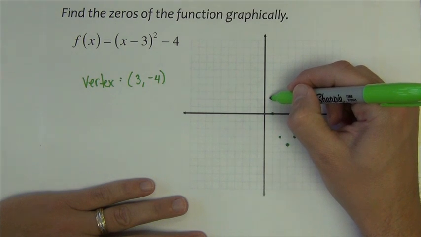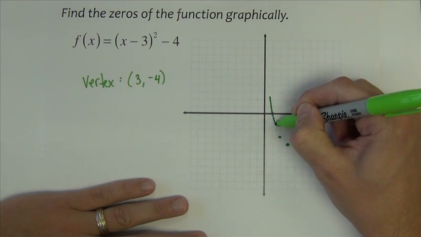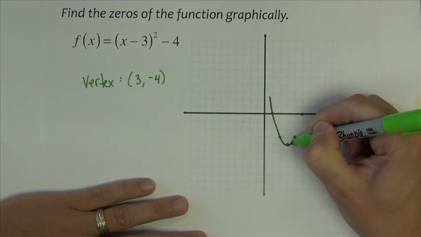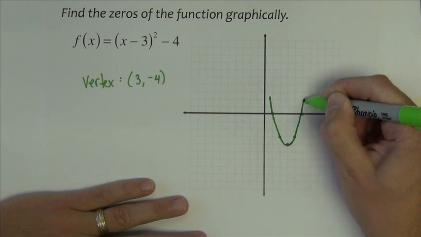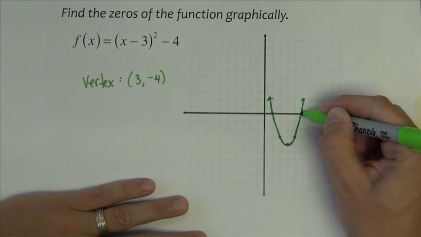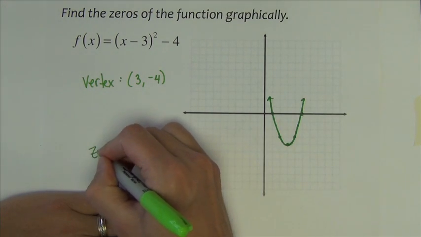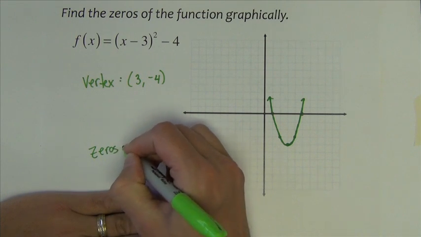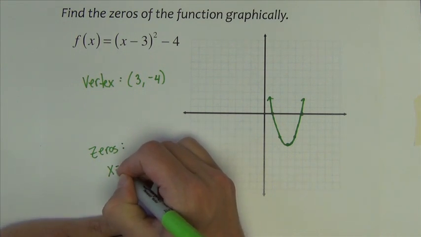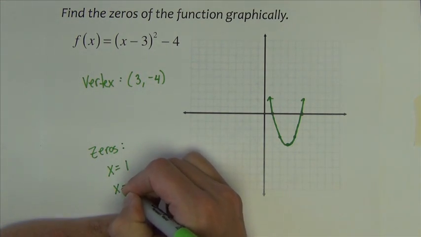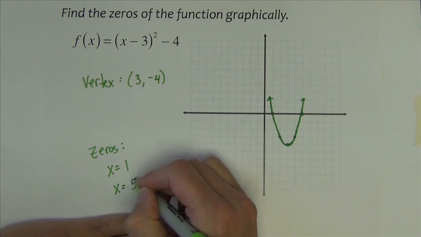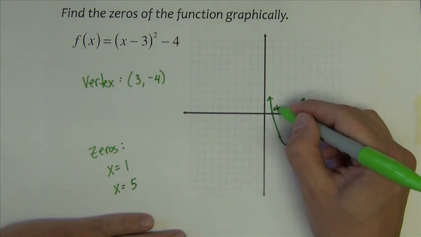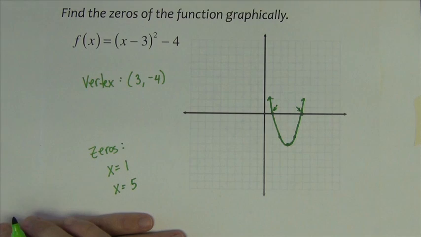And that's actually good enough because we can see right where that landed on the x-axis. Okay, so our zeros are at x equals 1 and x equals 5. That's just right here and right there.